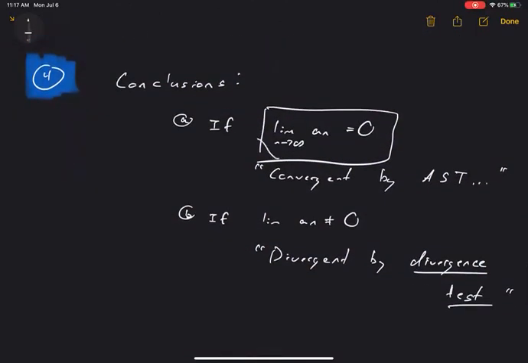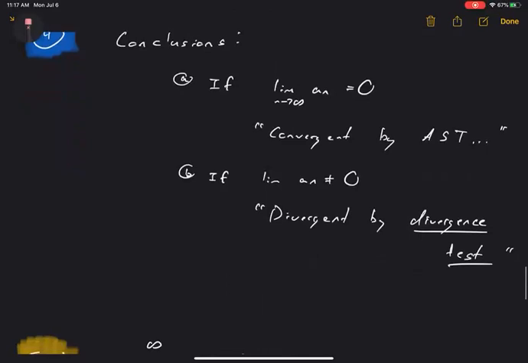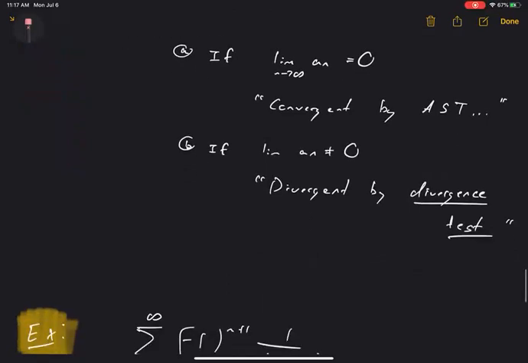What if it's equal to something else? Or what if the limit doesn't exist? If we have anything other than this, what is our conclusion? Well, as you might be able to guess, our series is going to be divergent, but we do not say divergent by alternating series test. We say divergent by divergence test. So go all the way back to section 11.2 again. Let's say I have a series Bn. Remember the divergence test.